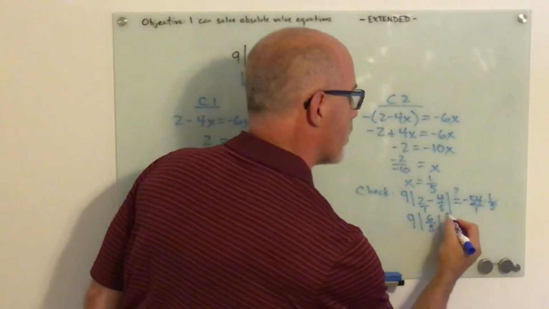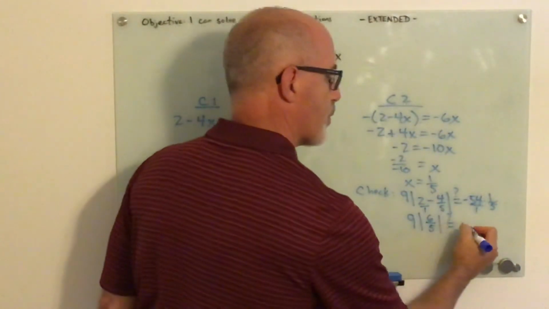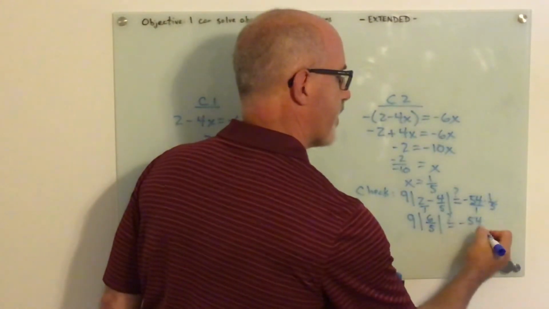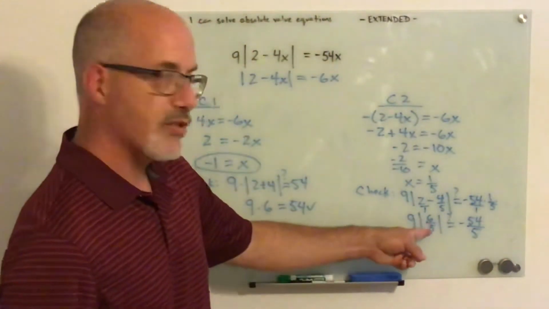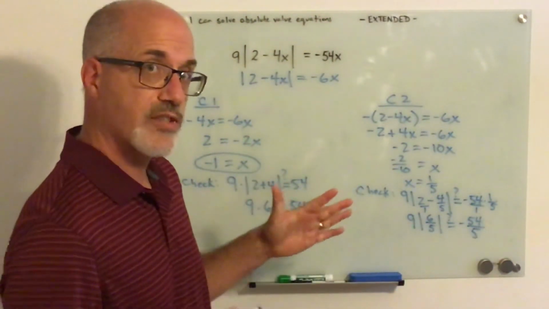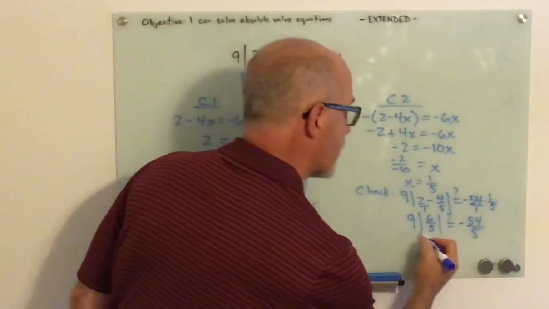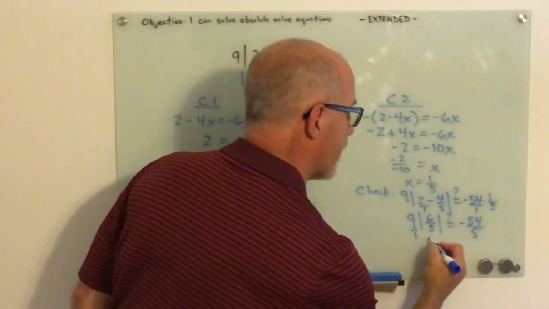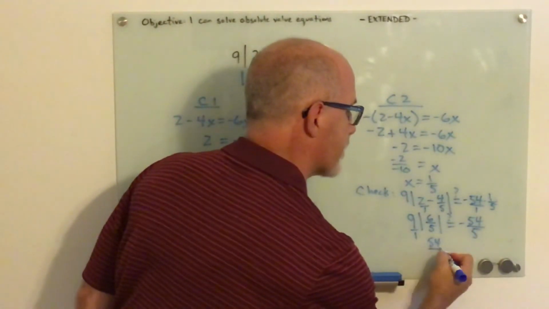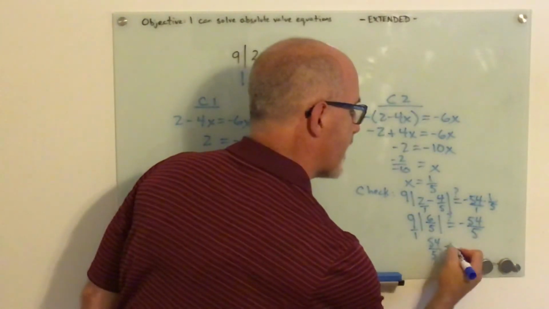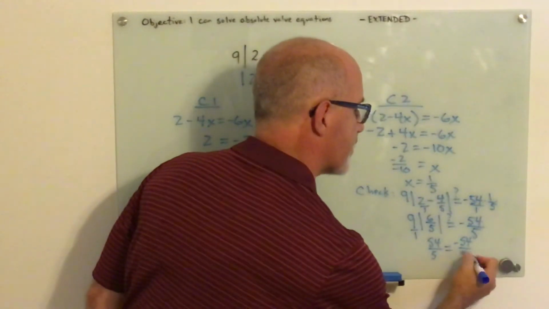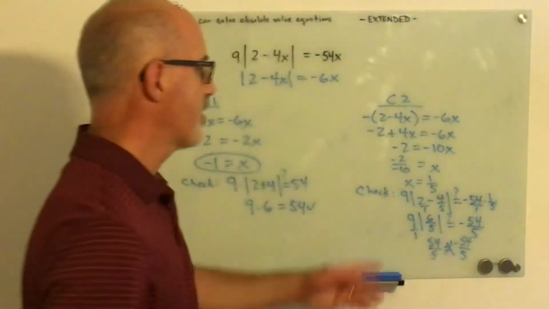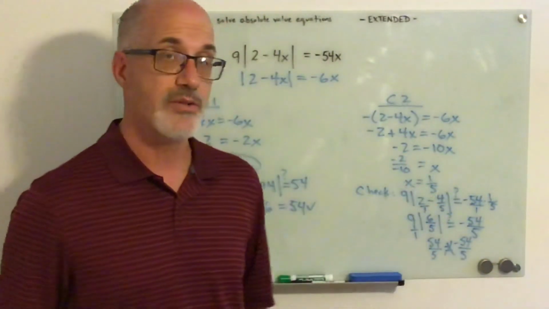Does that equal negative 54 times 1/5, which is negative 54/5? 9 times the absolute value of 6/5 is just 6/5, so 9 times 6/5, thinking of that as 9 over 1, becomes 54/5. Does that equal negative 54/5? And the answer is no, it does not. So my 1/5 is not a solution.